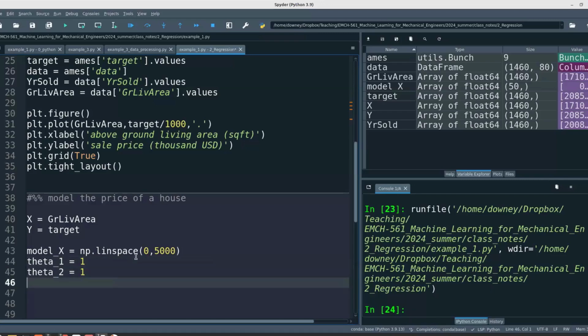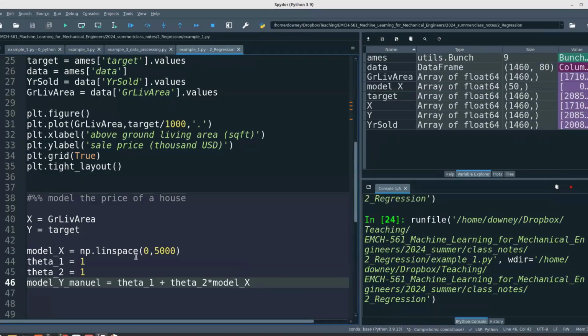That sounds good. And then model_Y, capital Y, _manual is equal to theta_1 plus theta_2 times model_capital X.